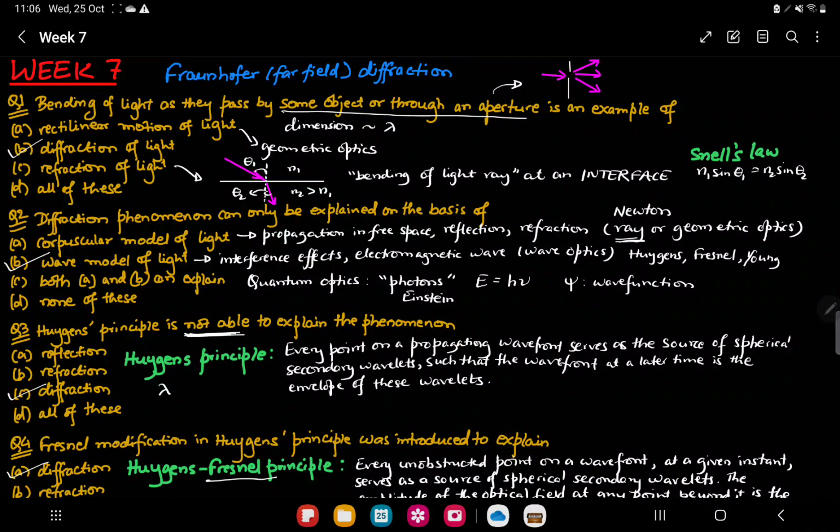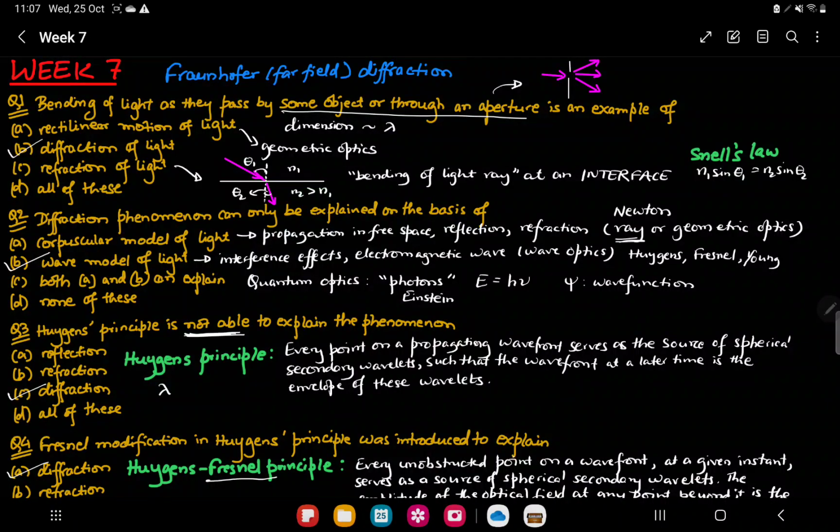In week 7, we discussed Fraunhofer far field diffraction from different apertures. Bending of light as it passes by some object or through an aperture is an example of diffraction of light.